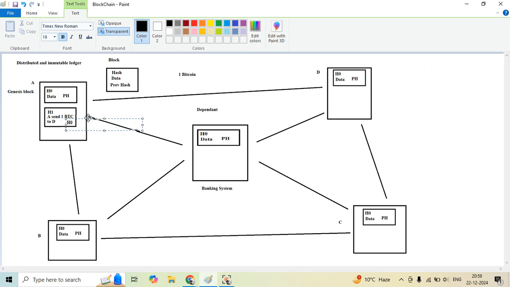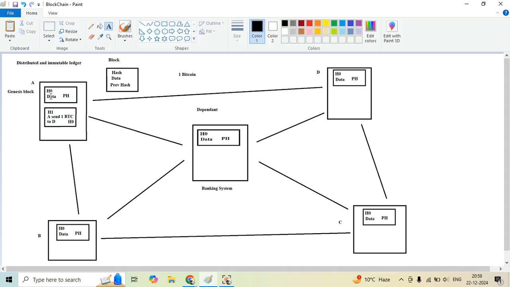The reason for that is that the previous block in this blockchain has the hash value of h0, depending on its data, so the previous hash function here will be h0. So they are connected to each other using the previous hash function, and that's why it is known as a blockchain.